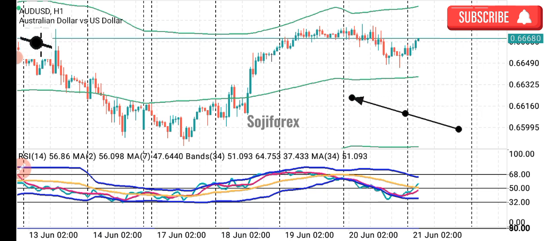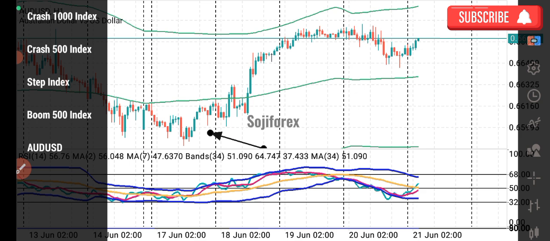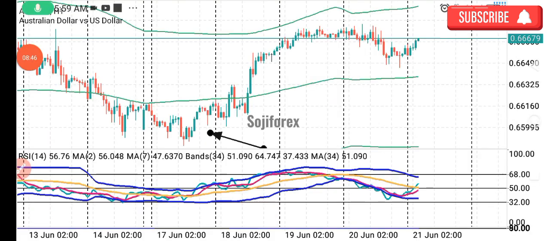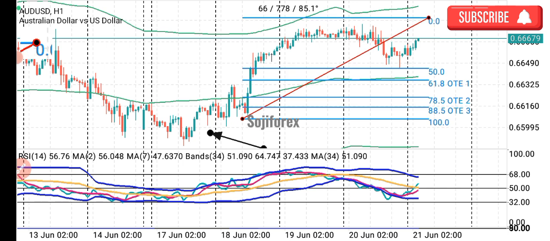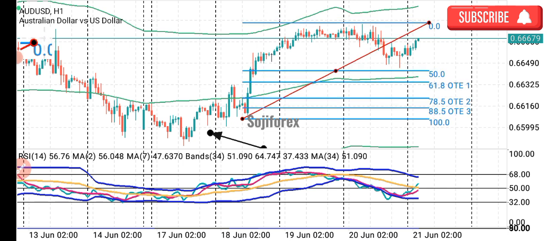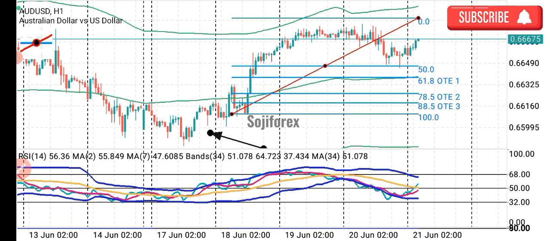So if I want to trade this now, price has already broken it from here, and this is the low that I have. I will pick my Fibonacci and mark this previous low to this high.